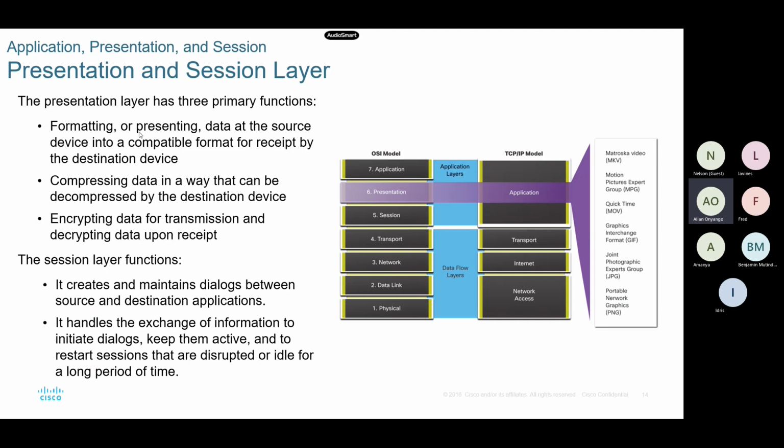Then it can also compress data at the source and decompress it at the destination. And finally, encryption at the source and decryption at the destination device. These are the functions that should be performed by the presentation layer.